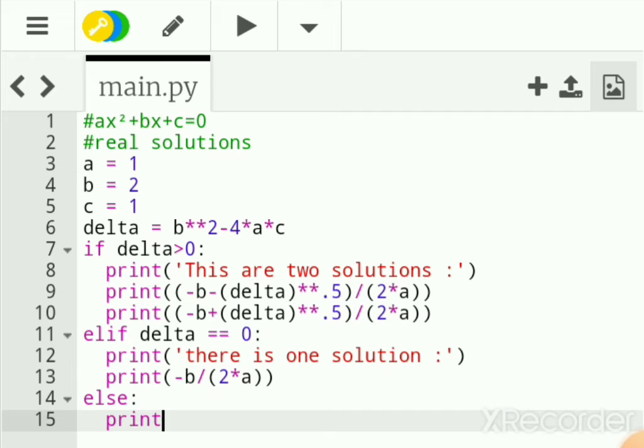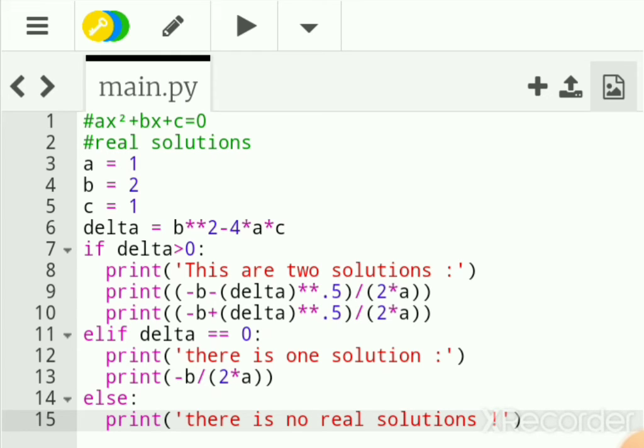So we will print just there is no real solutions. Good. So this is our program with which we can solve this type of equations.